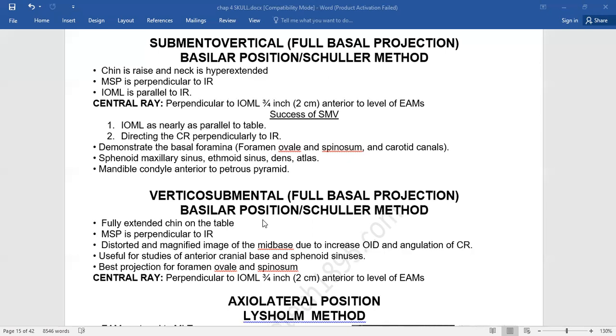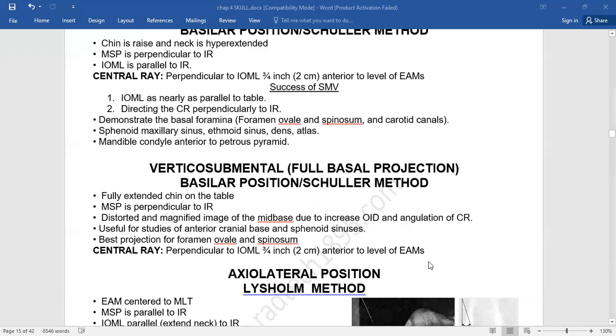In the SMV, the base of the skull is placed near the table, while in the VSM, the chin is placed on the table. The patient is prone in the VSM, while in the SMV the patient is supine. In the VSM, the chin is fully extended on the table, resting on it, but still the MSP is perpendicular to the IR. And also the IOML is parallel to the IR.